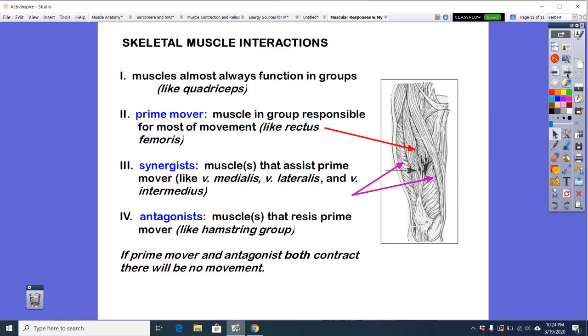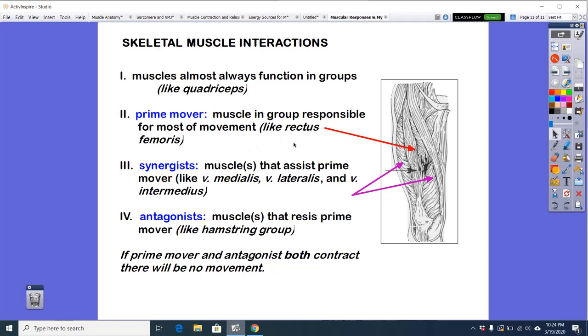In Muscle Man, I'm going to talk about these three terms, and I just want to go over it since we're in the muscle unit. But muscles like to work together. It's a lot easier on them if they have buddies that work with them instead of having to do all of the work, which is why we have 300 and something pairs of skeletal muscles. But they are split up into three general types, and the first one is the prime mover.